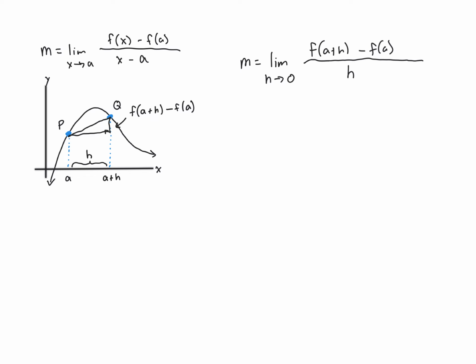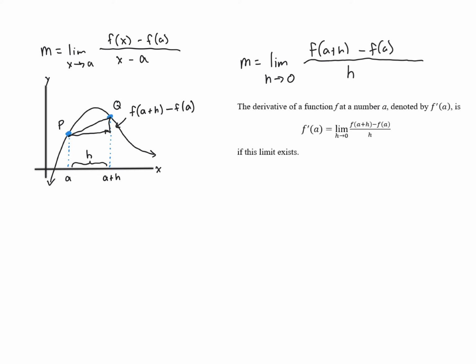And this is such an important quantity because it gives us the slope of the tangent line, because it gives us instantaneous velocity. We actually have a name for this, and we have special notation, and that's what I want to go over now.